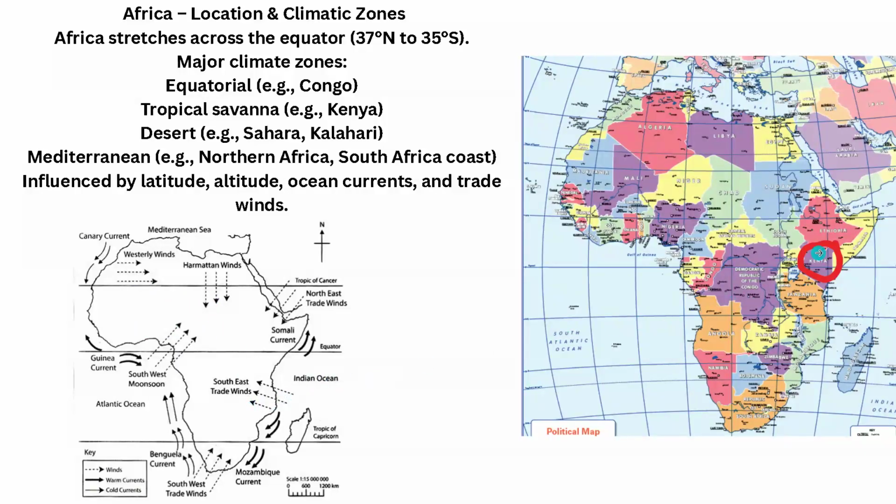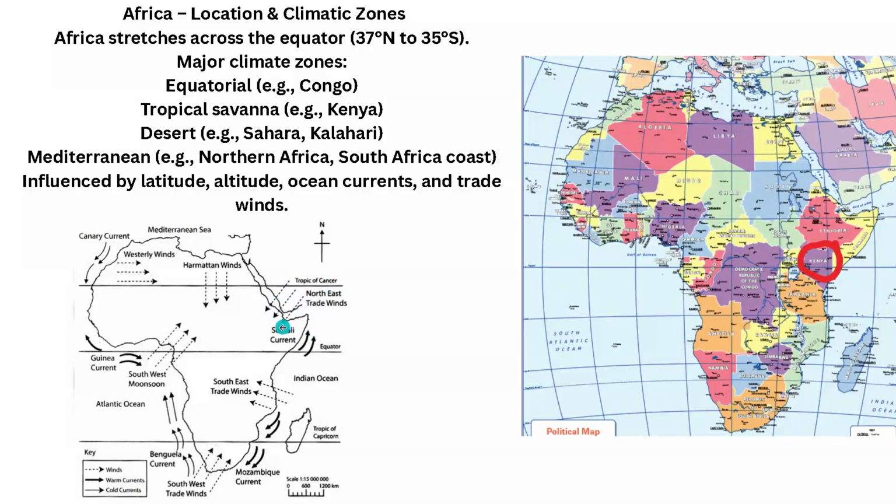So these are the places you can locate. Now, as I told you, you can see which are the places which will have Mediterranean type of climate, which will have southwest monsoon effect, and which will be having northeast trade winds. Now see, northeast trade winds are blowing from the tropics. They blow towards the equator.